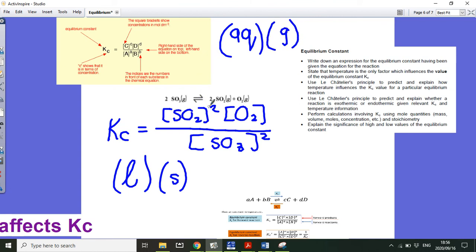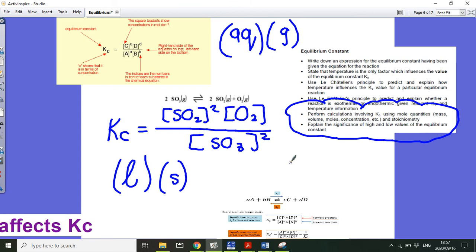The rest I don't have to worry about. Now, Kc calculations, we have loaded just before lockdown a video on how to do Kc calculations. But please remember you must be able to do the Kc calculations, whether you use those tables or you just use plain stoichiometry. Please make sure that you can do the Kc calculations.